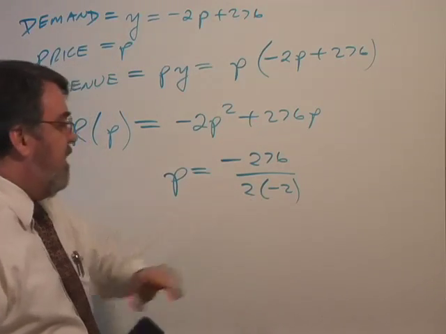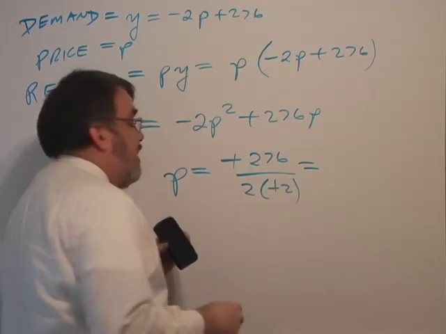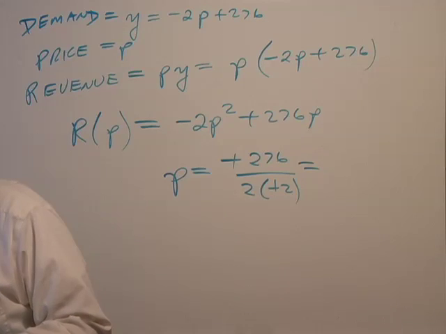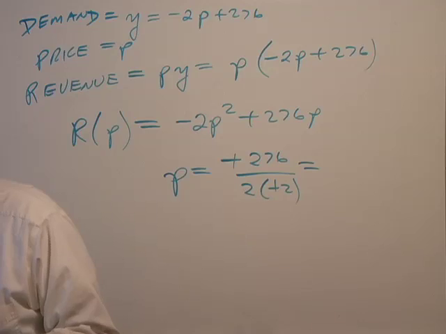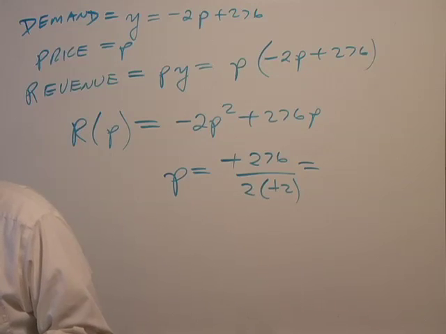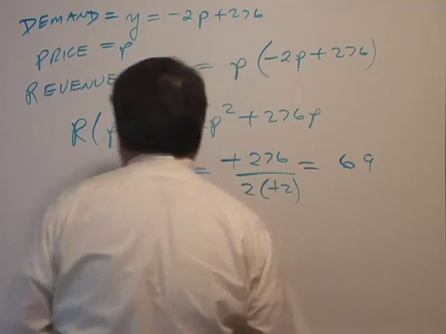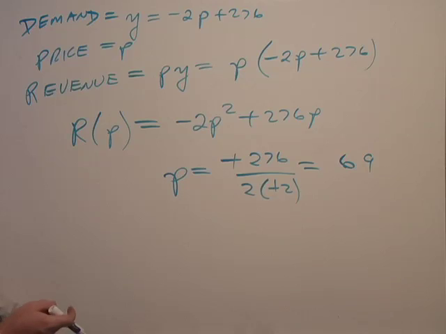Minus B over 2A, the negatives will cancel, and I get 276 divided by 4, and I think that is 69. 276 divided by 4 is 69. There we go. So that should be the price we're charging.